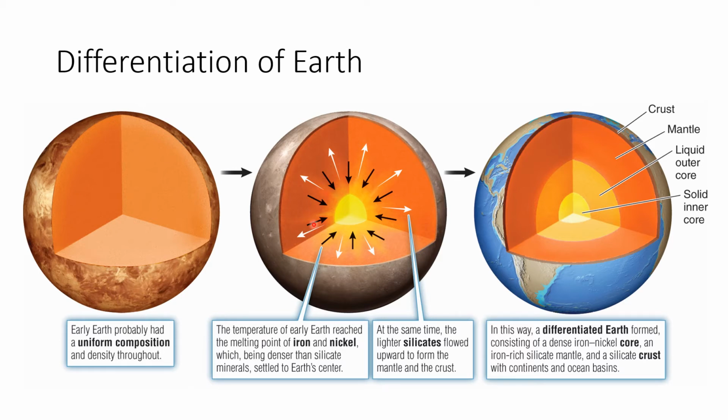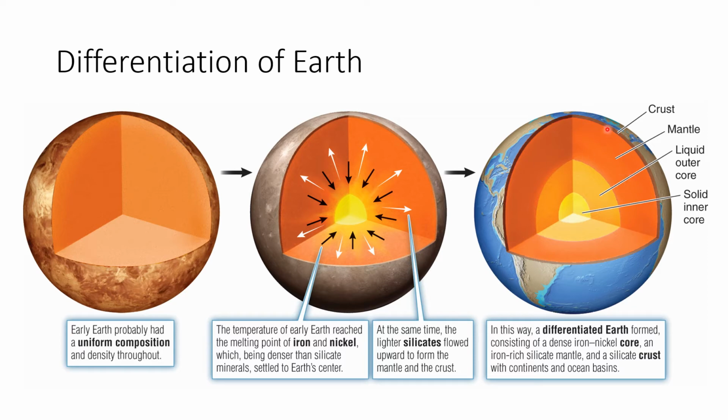So you've got now a hot ball of elements and minerals, and things that are more dense tend to sink towards the middle of that gravitational well, and things that are less dense are left in the outer part, and that's going to matter a lot for how our planet works out.